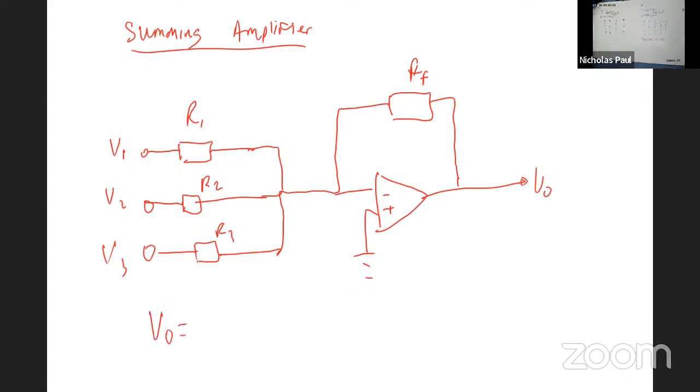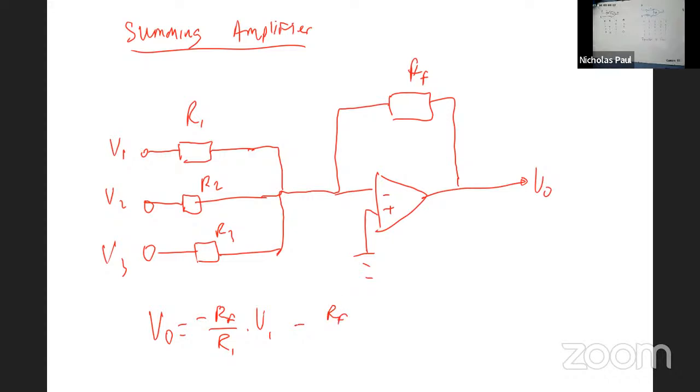So the one output, I won't make you prove it, right? The one output is given by this: minus RF on R1 multiplied by V1, minus... So basically, you're finding the output for each one of the inputs.